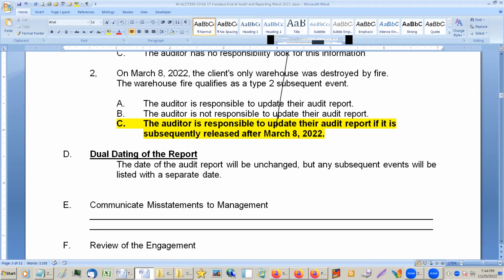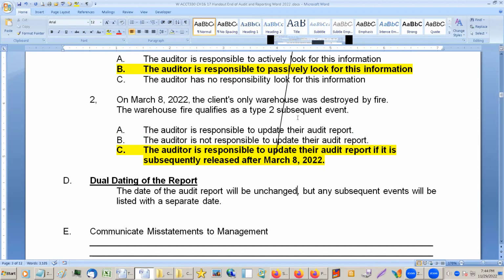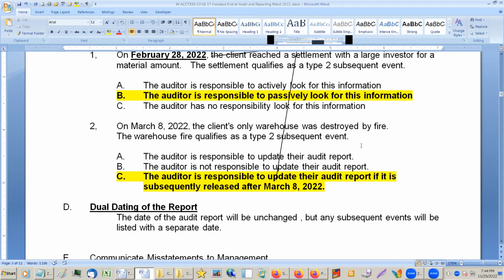The main audit report date will remain unchanged. For instance, in the example we have up here, this would be 2/24. But any subsequent events will be listed with a separate date. For example, in this one, it'd be 2/28. So they call this dual dating.